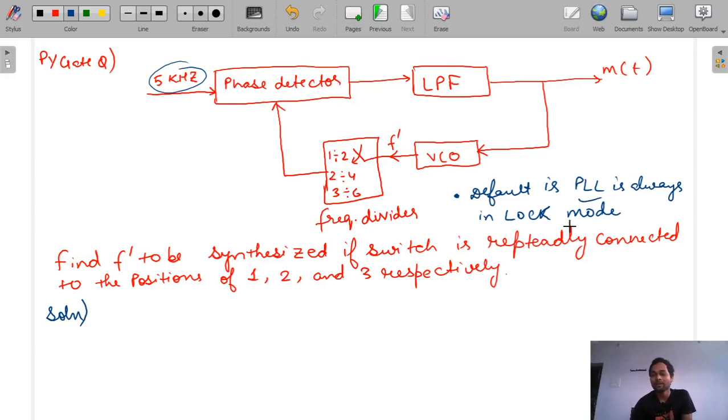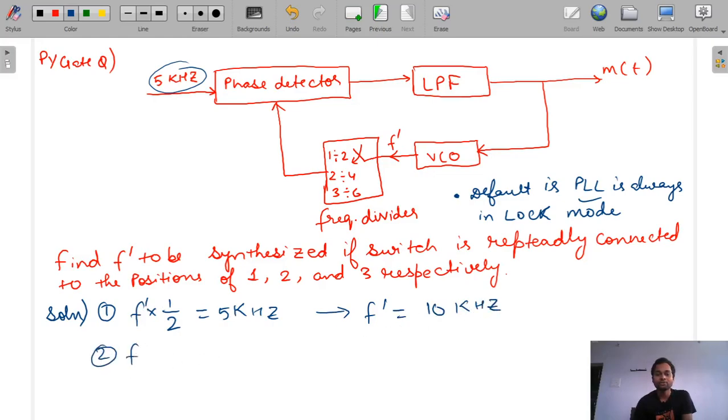See, default PLL is in lock mode, so frequency is synchronized. So for position 1, F dash into half is equal to 5 kilohertz. So our F dash is equal to 10 kilohertz. Okay. At the second position, we are dividing the frequency by 4.